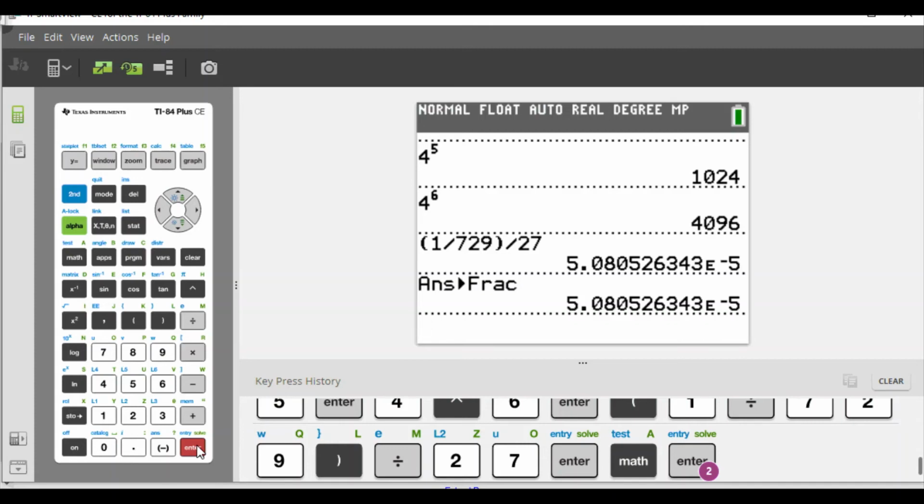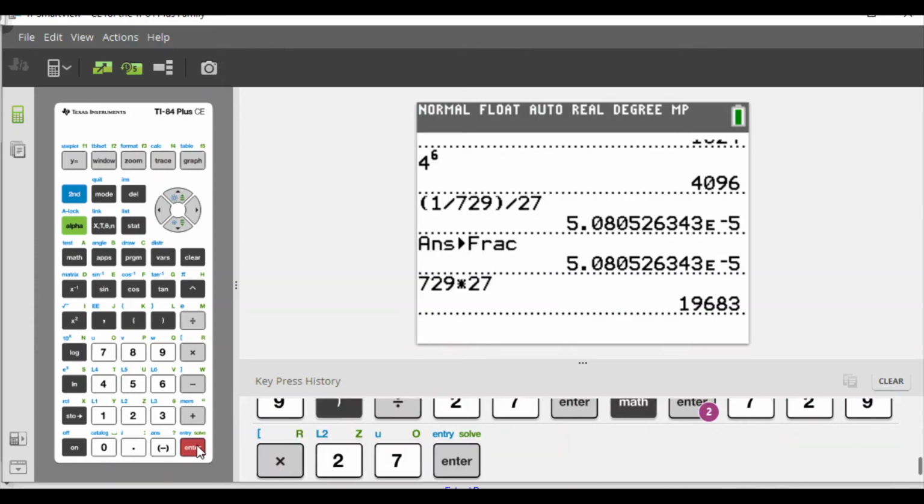We also know in this case that 1 over 729 divided by 27 is the same thing as 1 over 729 times 1 over 27. So here we'll have 729 times 27. Our denominator will be 19,683.